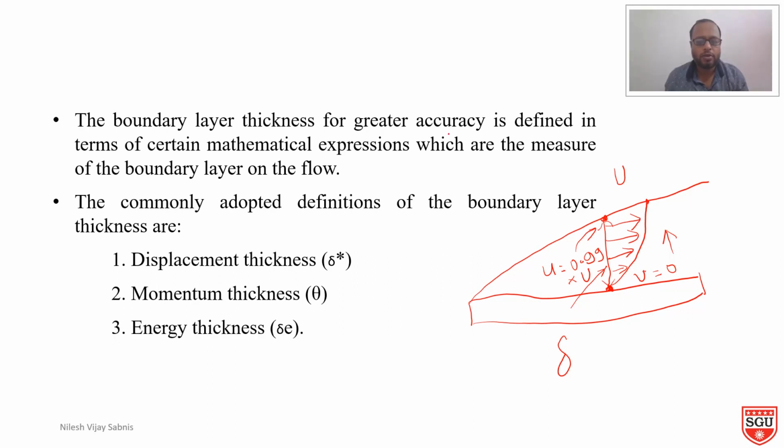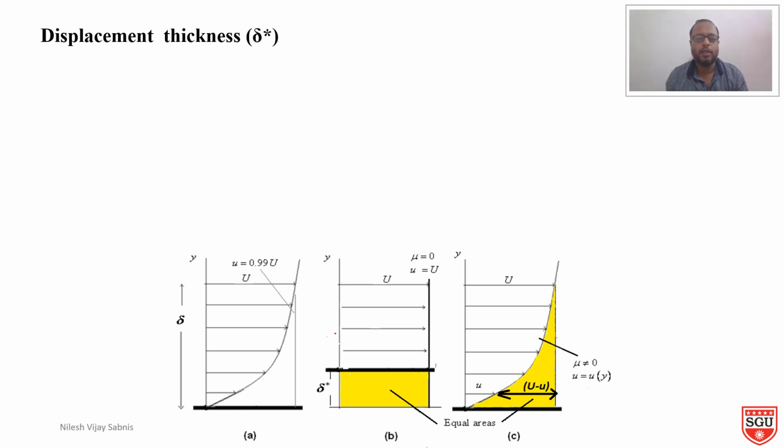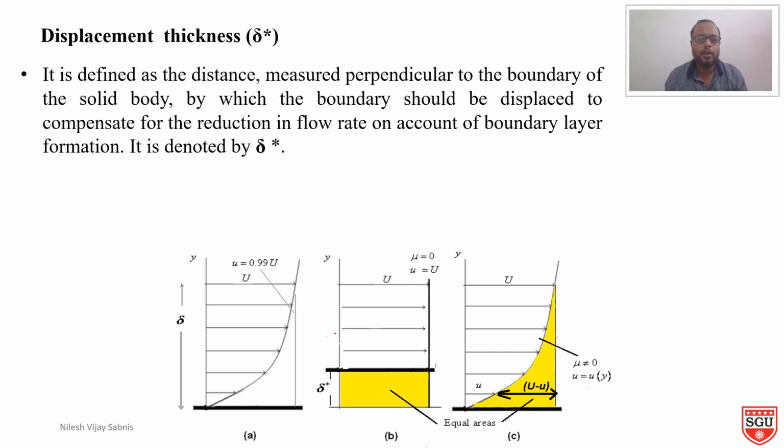Hope you have understood what is meant by boundary layer thickness. Now it's time to move to the derivations, one by one, for these three important terms: displacement thickness, momentum thickness, and energy thickness. First is the displacement thickness. It is very difficult to understand this definition by just reading it, so you have to listen carefully.